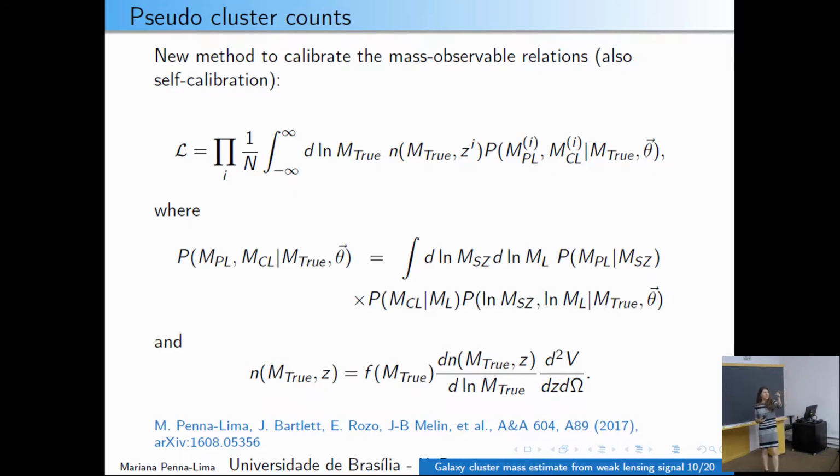And this is interesting because in this specific analysis that we performed, some of the parameters were completely degenerate. Specifically, we used just 21 clusters and we had 11 parameters to fit. So at first, okay, let's introduce this methodology, but we do not expect to have any important result from this.